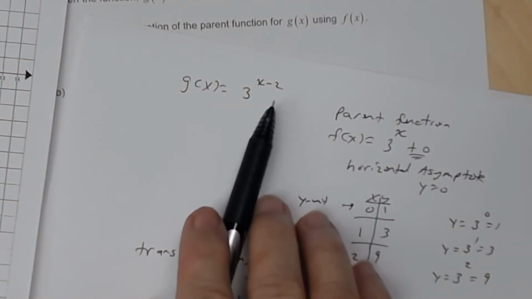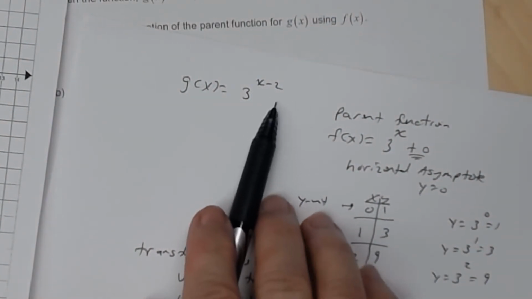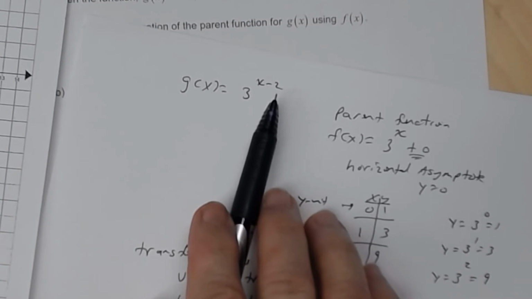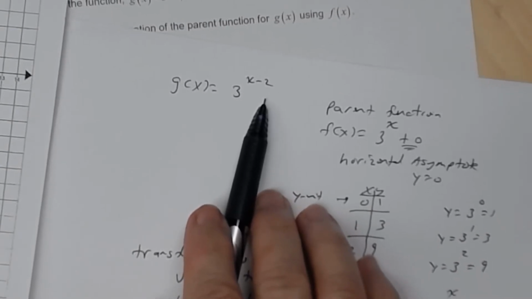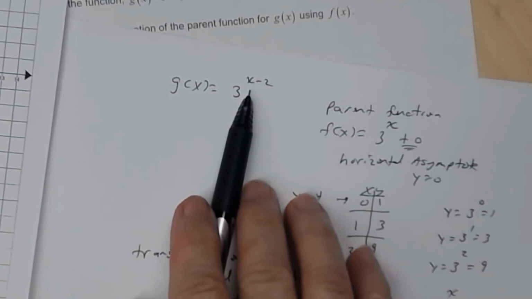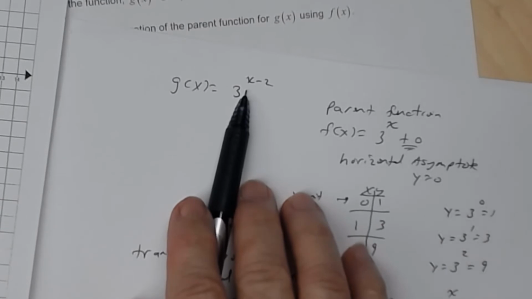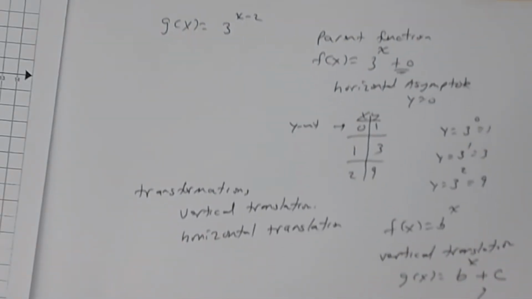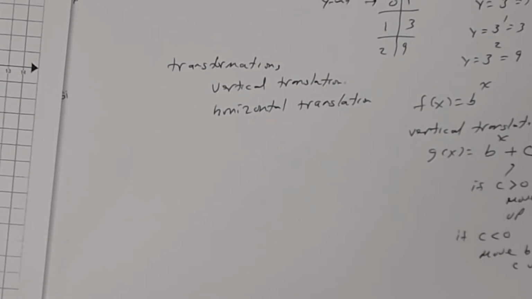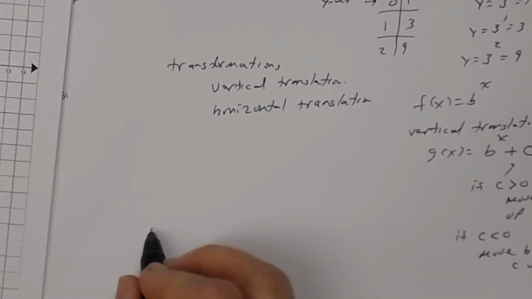Now that's not what you see here though. See, that's not minus 2 on the outside, so that's not a vertical translation. This is a horizontal translation. The horizontal translation is a more difficult one for students, so let's talk about horizontal translation.